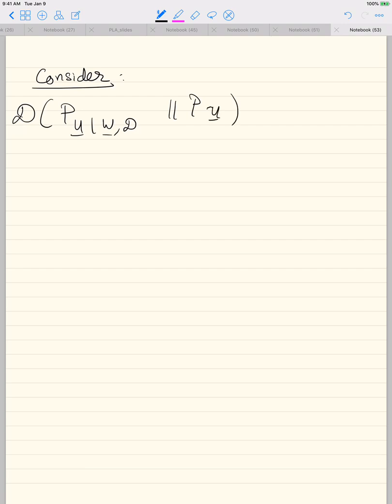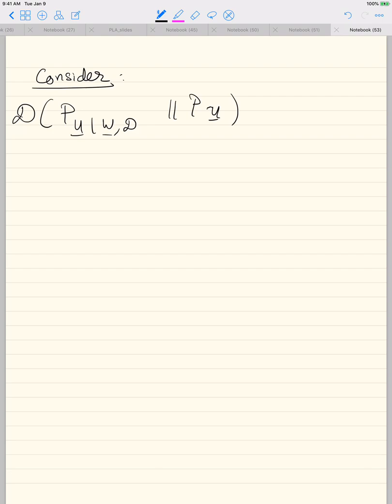So now the next step is to consider the relative entropy quantity that we want to use. And they actually use this one, the relative entropy between Pu given Wd and Pu. Okay.